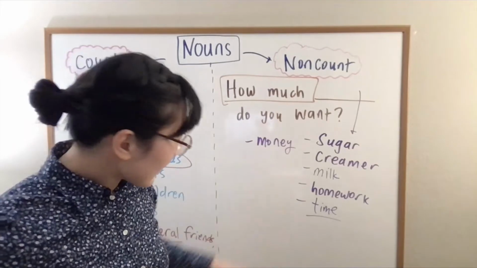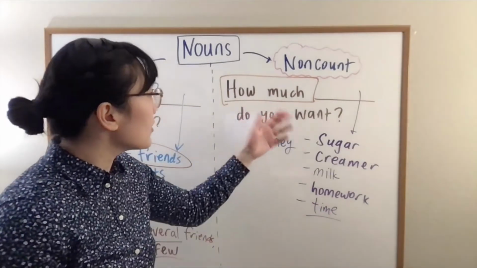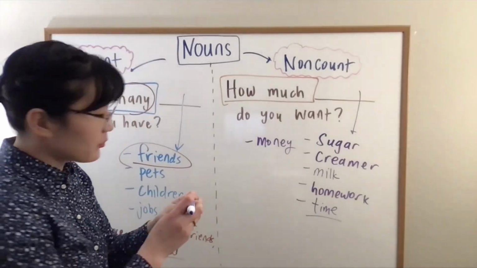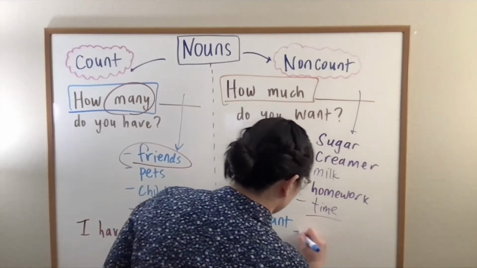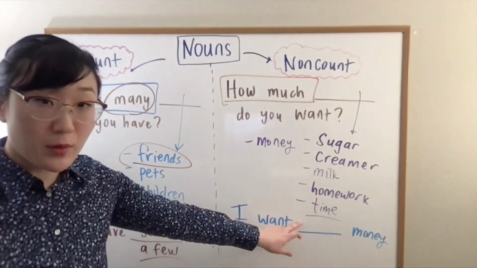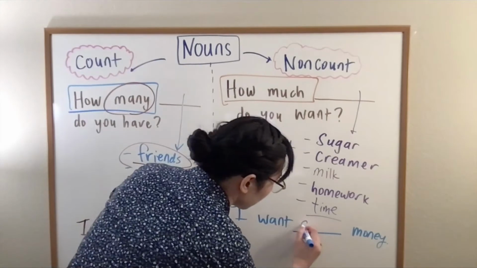So some examples, when we respond, let's say someone asks me, how much money do you want? There's some choices here. We could say, I want, let's say we're gonna use the non-countable noun money. So I could say, I want a little.